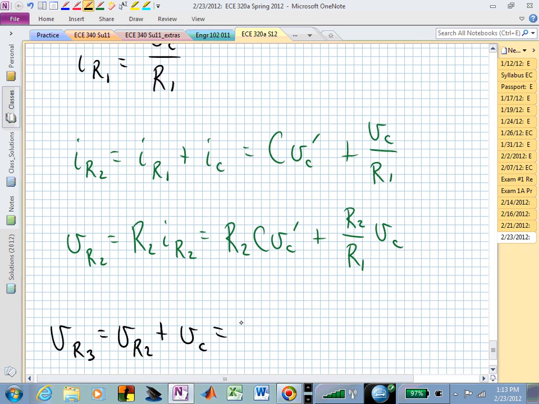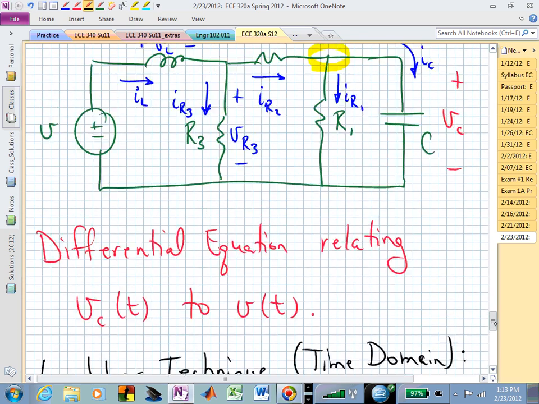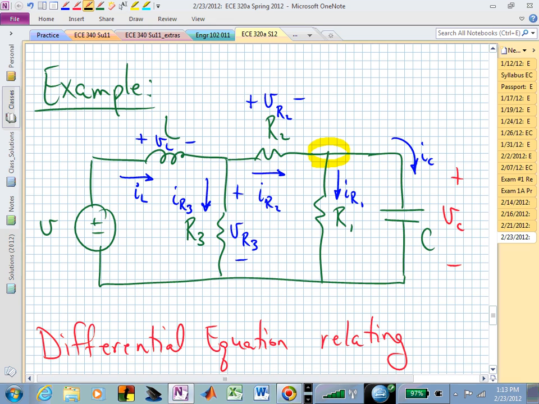Or this is now R sub 2 C V sub C prime plus R sub 2 over R sub 1 V sub C plus V sub C. I now know the voltage dropped across R3.